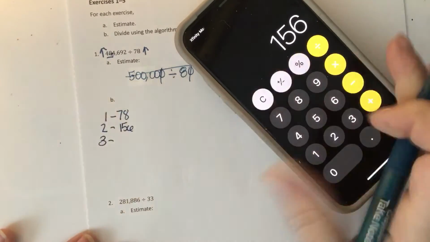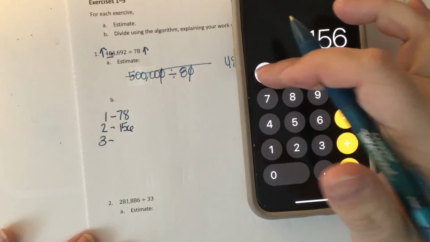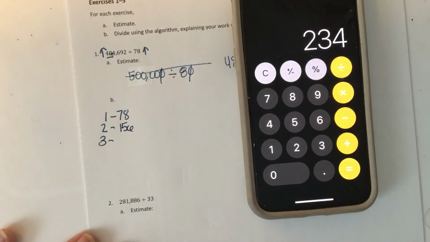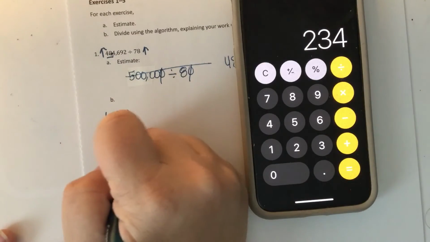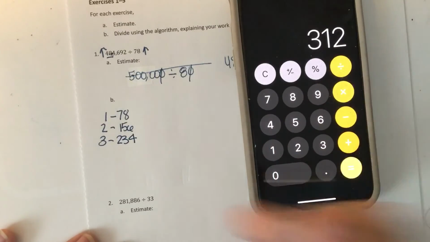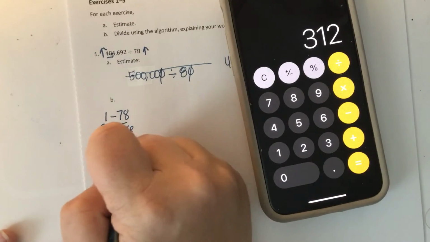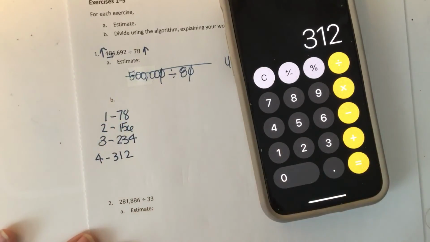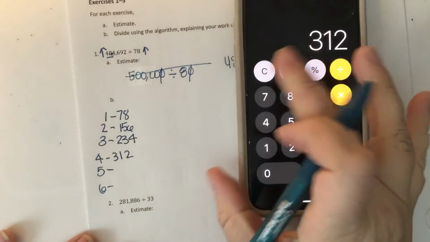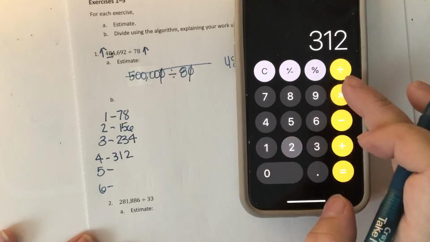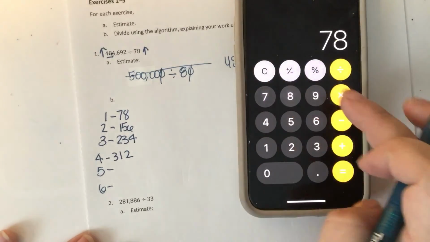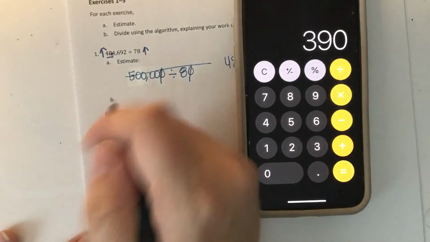I want to see you guys do the factoring, okay, when you do this. So 78 times 3 is 234. 78 times 4 is 312. Oh, wait. Yeah. 5, and I'm going to go to 6, I think. 78 times 5 is 390.